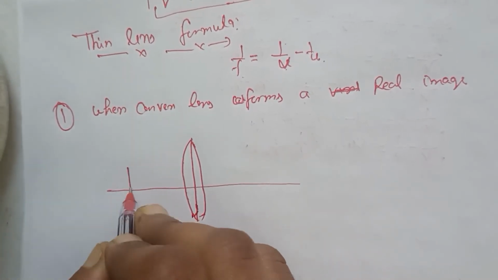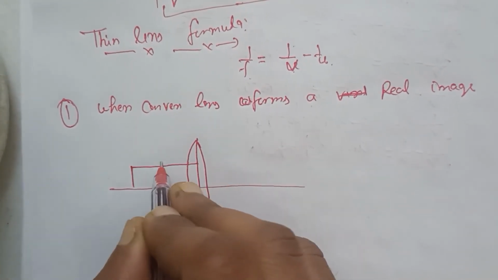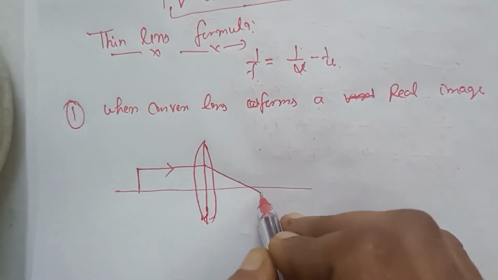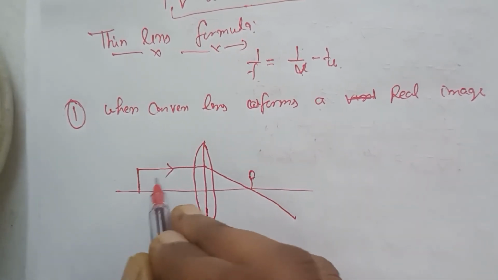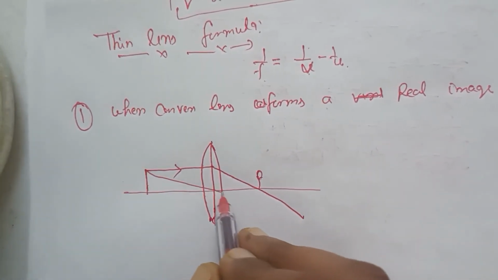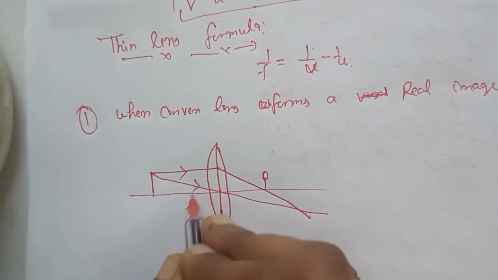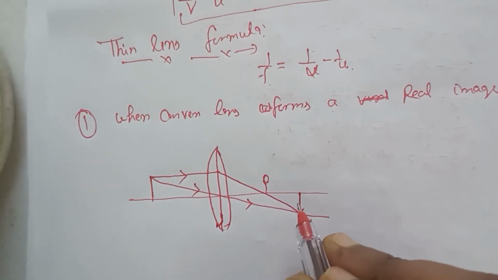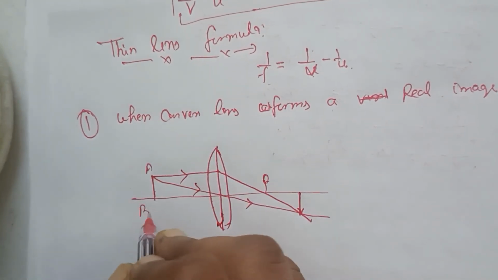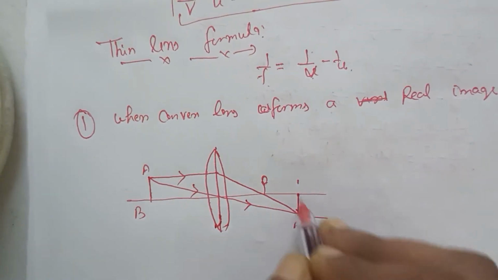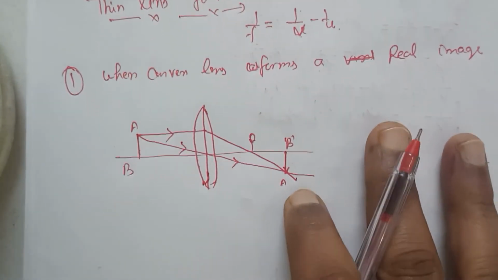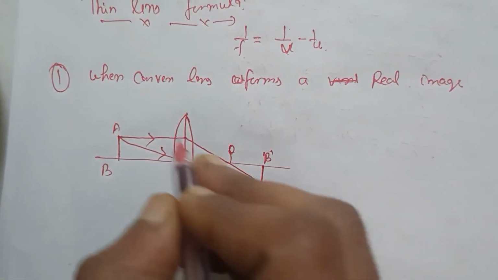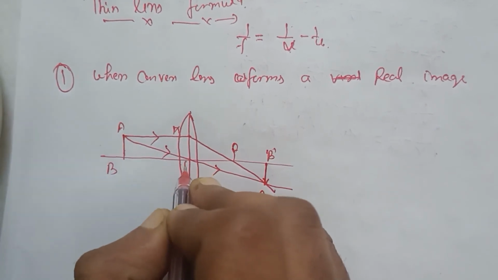Now the object is placed. One ray is going parallel to the principal axis, and it passes through the focus of the lens. The second ray is going through the center of the lens, and it goes without any deviation. This point is considered as the real image. A and B, this one is considered as A dash and B dash. This point is O, M, O.